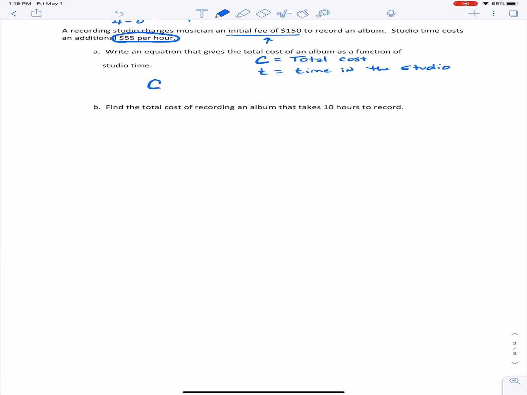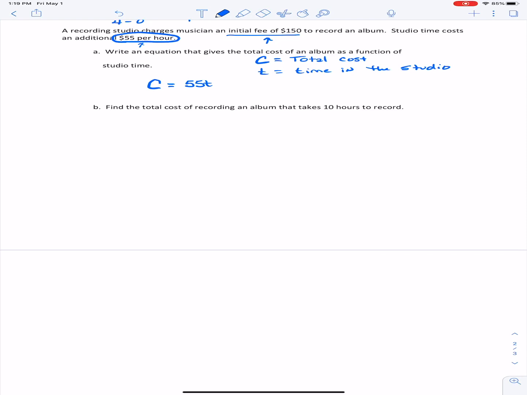We know that our cost has to equal, and we're going to put this in our mx plus b form. Okay, so in this case, my slope is going to be my $55 per hour, because that is what we're going to be doing. This is 55 times our time, so we have 55t, okay?